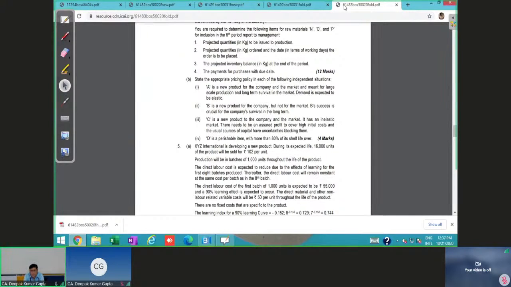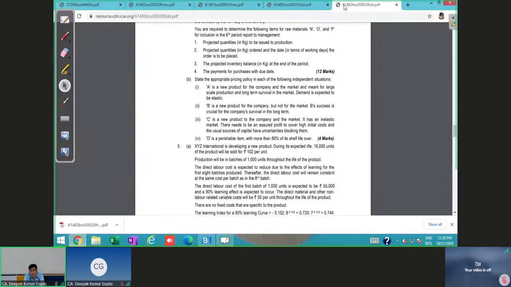In this question, product A is new for the company and the market both. Large scale of production and long-term survival is necessary.